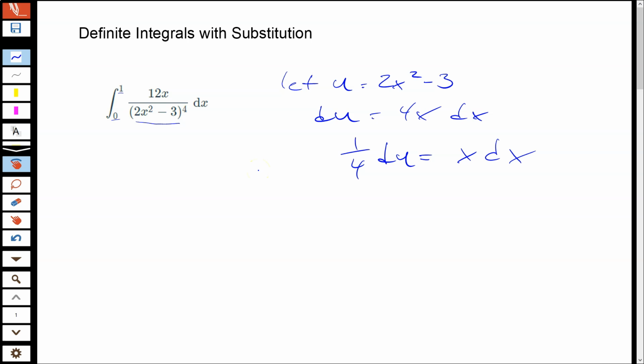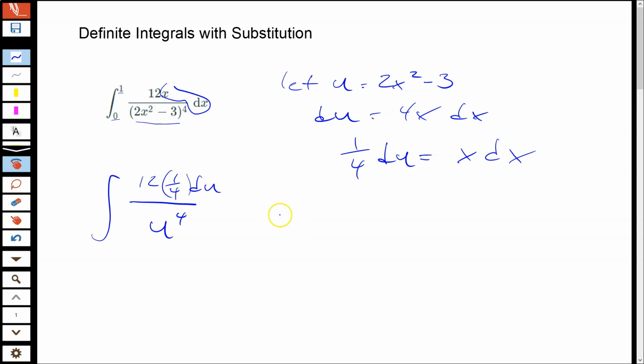Okay, now I'm going to substitute. So u to the 4th on the bottom, and then x dx is 1/4 du. And then I'm still integrating.